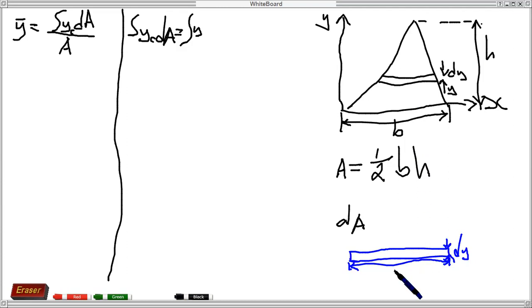So this should be x down here. So you need to find the area of this shape. So dA is equal to x dy. This is the portion you put here in terms of dA. So you put x dy there, not dx.